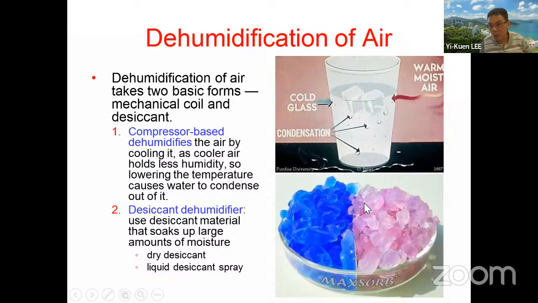You need forced convection. Typically there are two major machines used in building applications: a compressor-based dehumidifier and a desiccant dehumidifier.